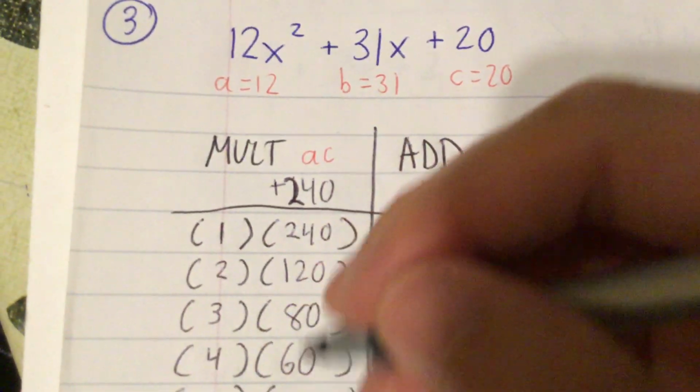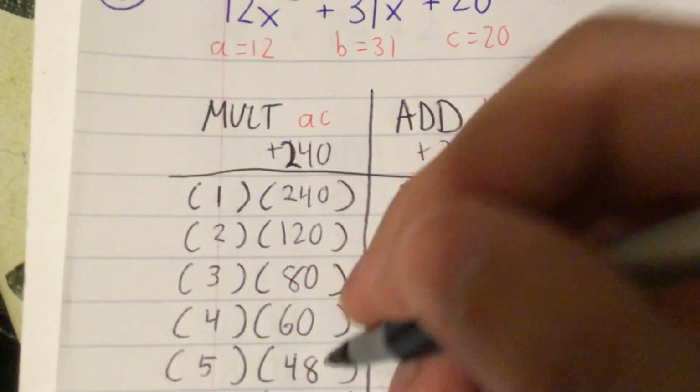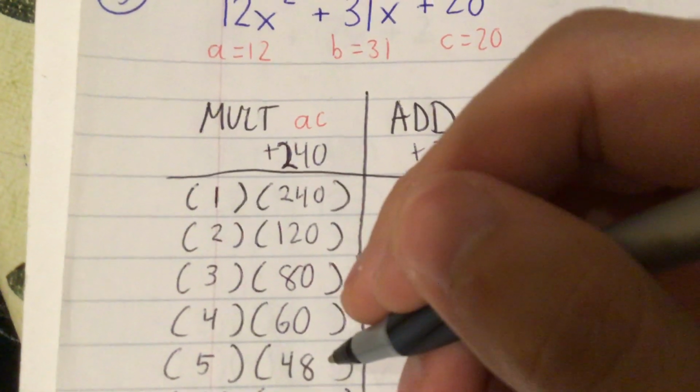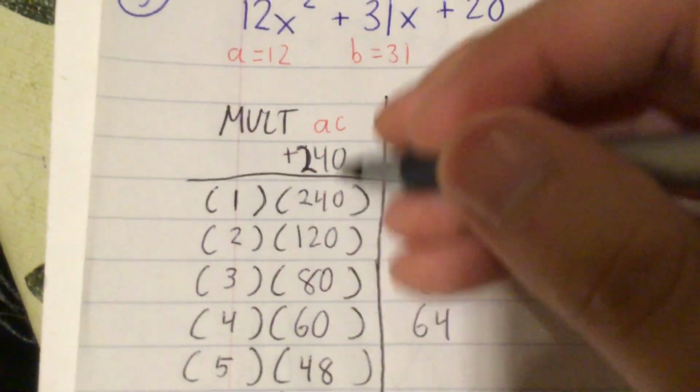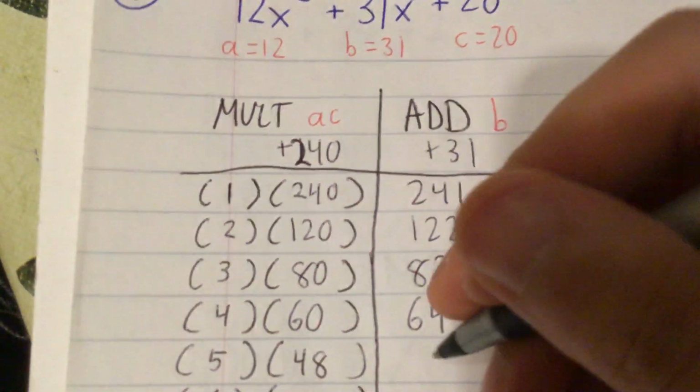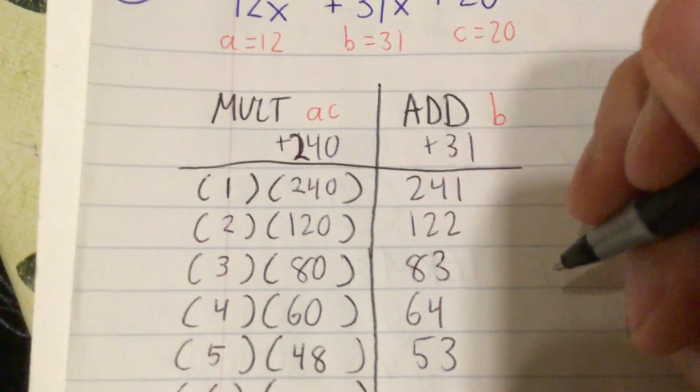All right. 5 goes into 240 48 times. I got a calculator. I did this ahead of time. 5 times 48 is 240. 5 plus 48 is 53.